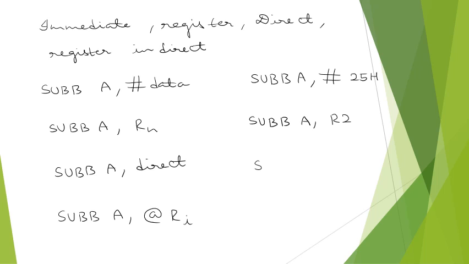And then SUBB A, 30H. So this will perform A minus the data in the location 30H minus carry flag. Then SUBB A, @R0. So this will perform A minus data at the location specified by R0 minus carry flag.